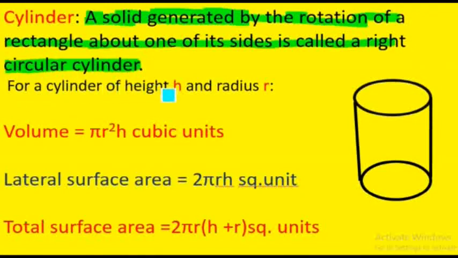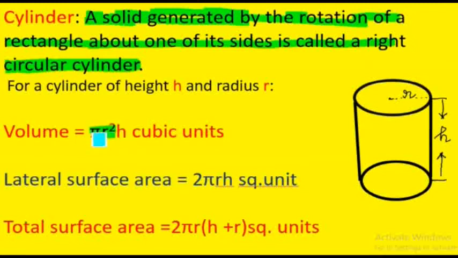Here, for a cylinder of height h, this is the height, which is h, and this is the radius of the cylinder, which is r. Now to find the volume of the cylinder, the formula is pi r square h.